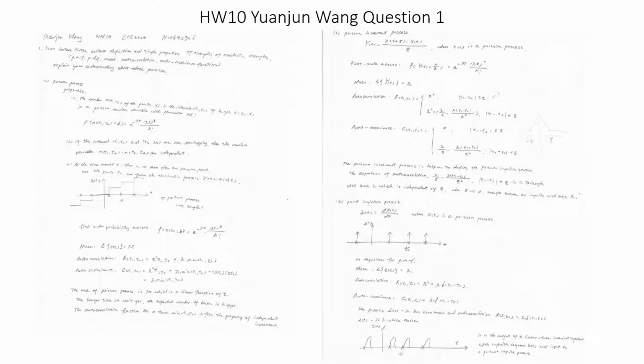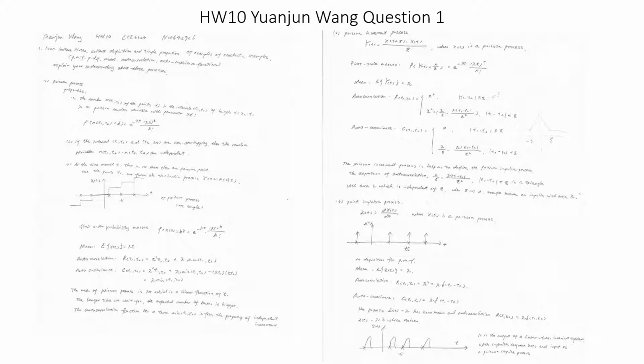The second one is that the random variables in the intervals t1, t2 and t3, t4, which are non-overlapping, are independent. And the third one is that at the time moment of t, there is no more than just one Poisson point. So we can see, for example, how the Poisson point process looks like.